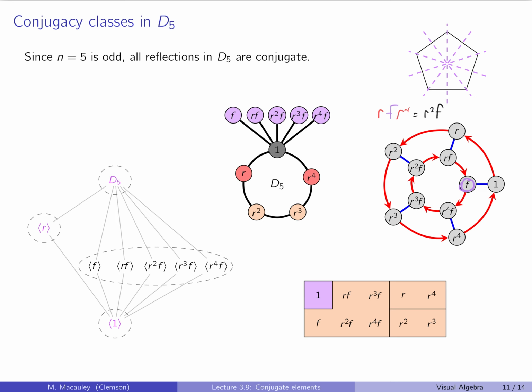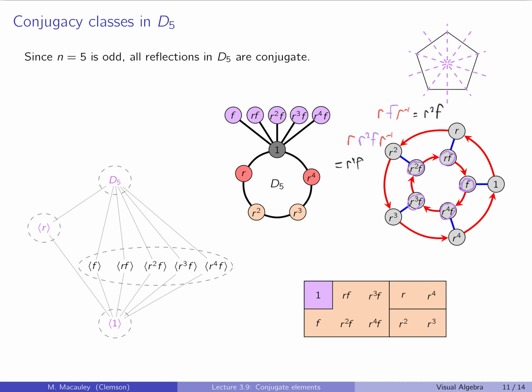And then if we do that again, r squared f, r inverse, so we do red, blue, red inverse, we get r to the 4th f. So in other words, conjugating by r just moves us around by 2, and we do that again, and we get rf, then we get r cubed f. Maybe you can see that better down here.